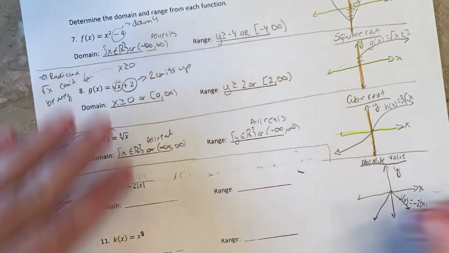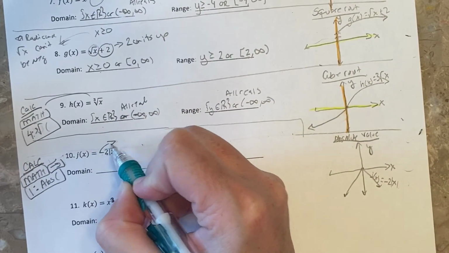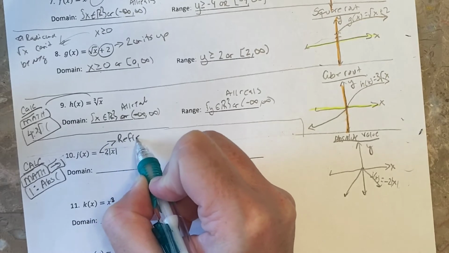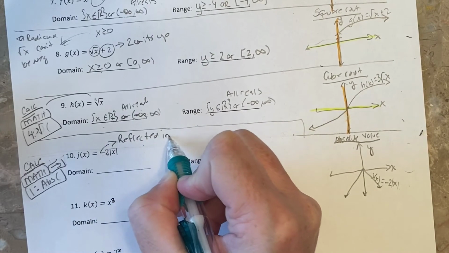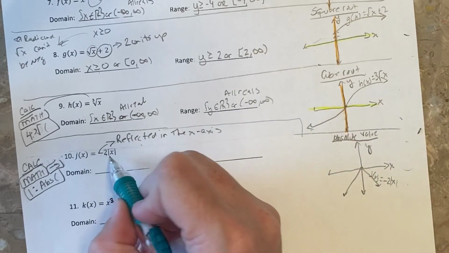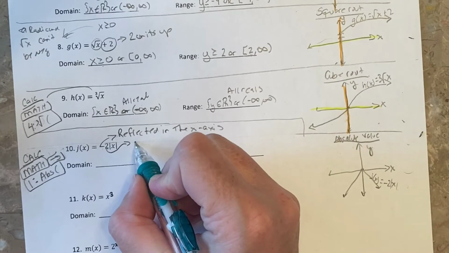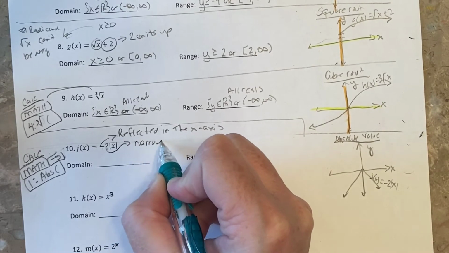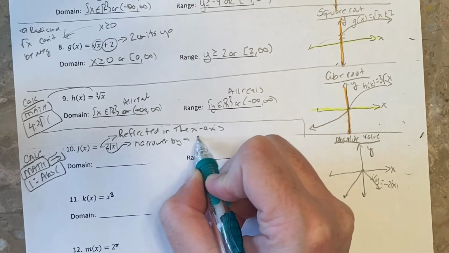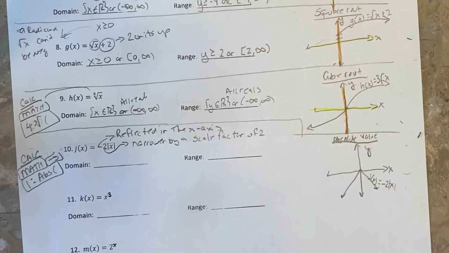All right, so the negative, don't forget that means reflected in the x-axis. And then the 2 on the outside, which is separate from the negative, is narrower by a scale factor of 2.